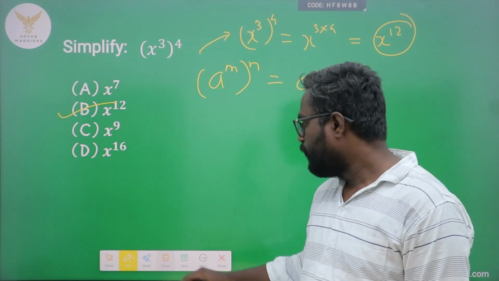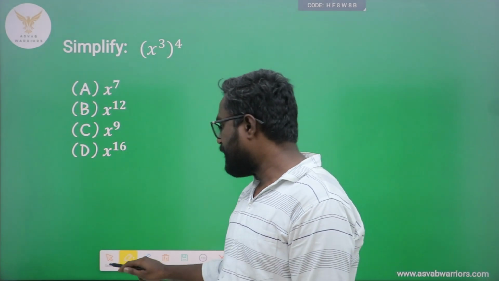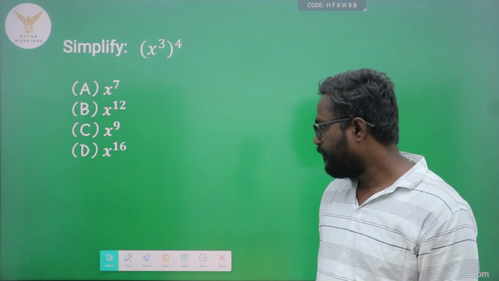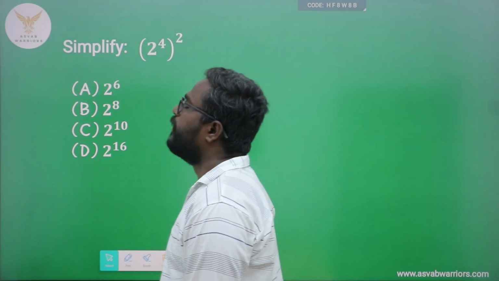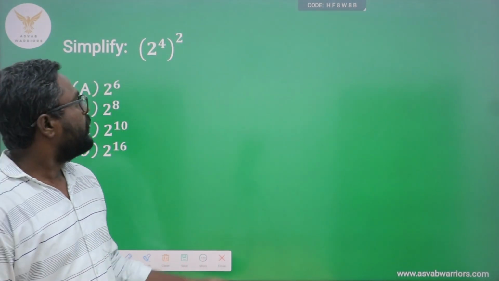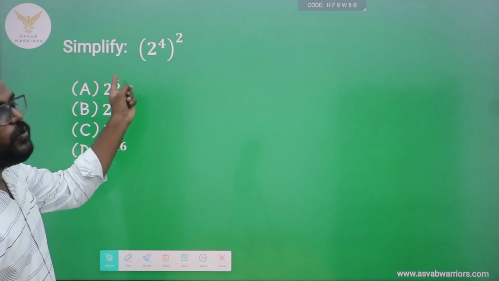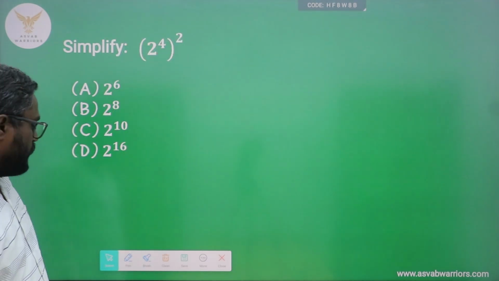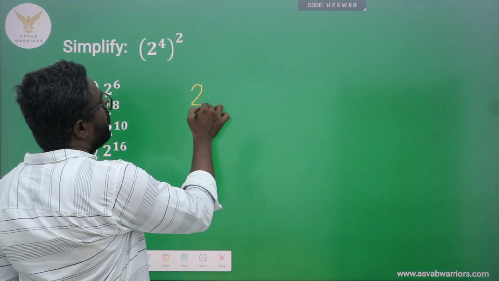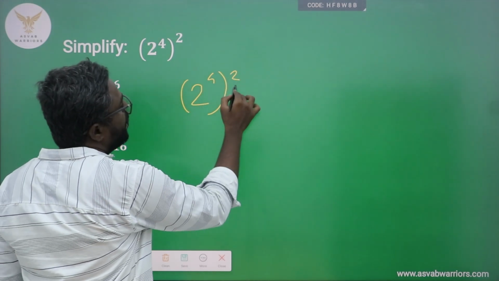Okay, let me solve one more question for you guys. Then I'm going to give you 2 questions for you to solve. Now, I hope you understand the question. 2 to the power 4 to the power 2. So what do you get? 2 to the power 4 to the power 2.